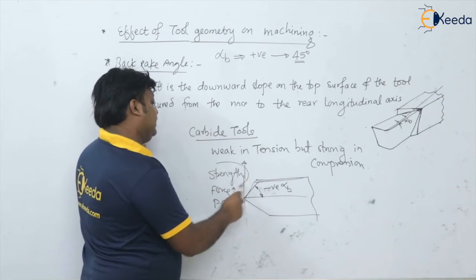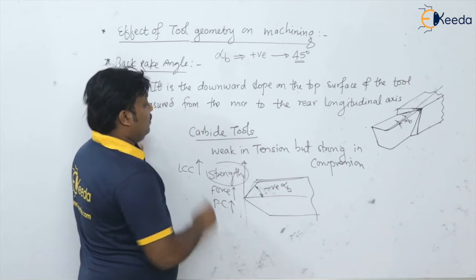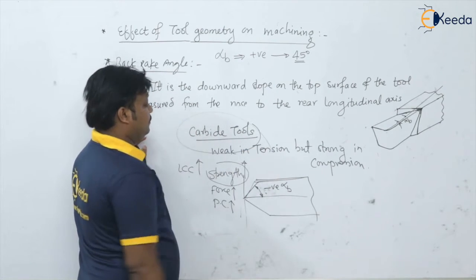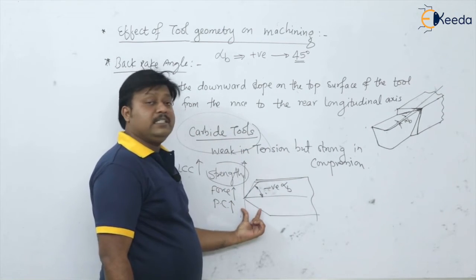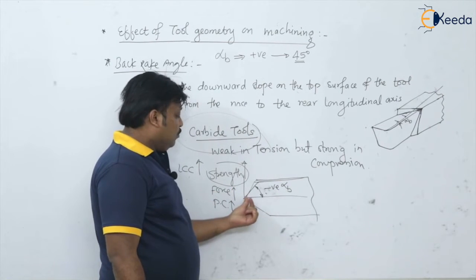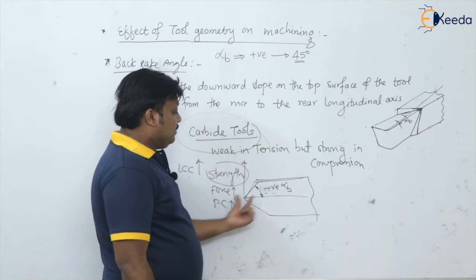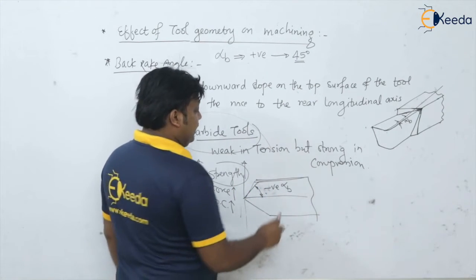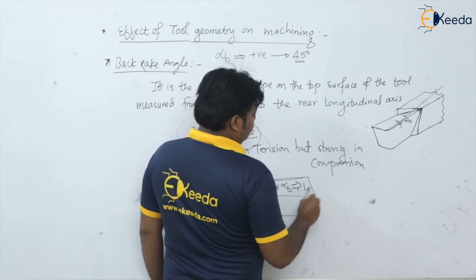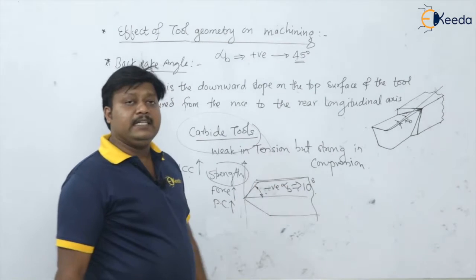No doubt, strength increases, load carrying capacity of the tool increases. So for carbide tools, we are using this negative rake angle. To have minimum contact between the workpiece and tool, we generally keep the maximum negative back rake angle up to minus 10 degrees.